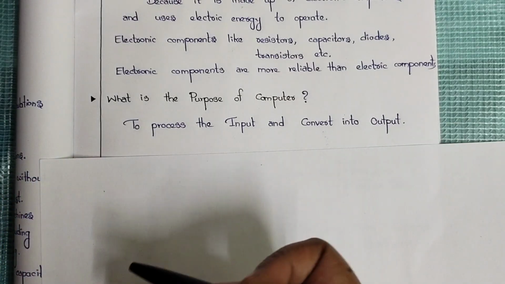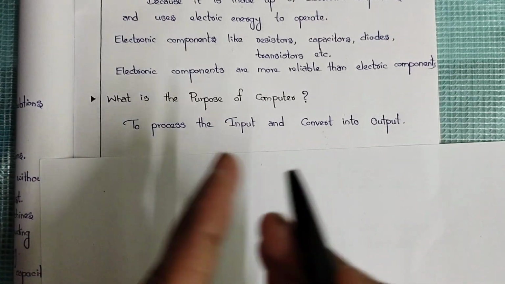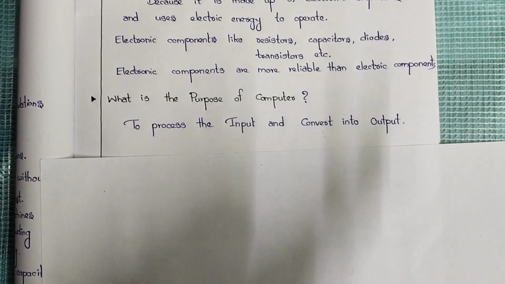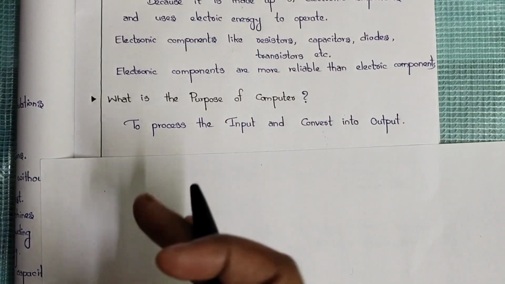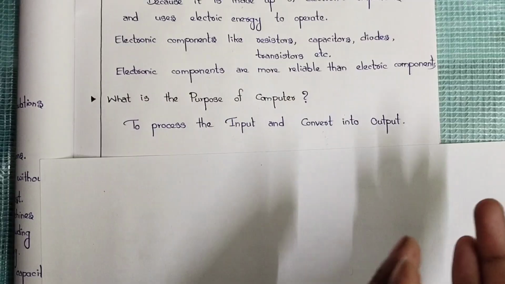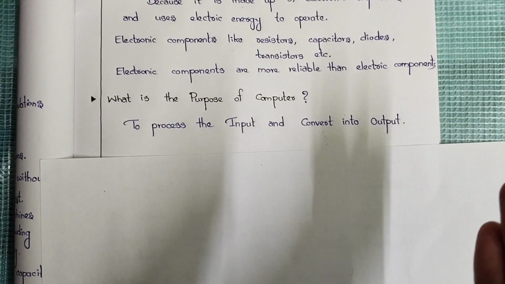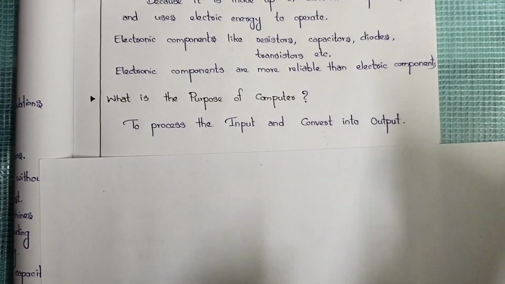What the computer does is it processes the data and produces the information. Information is different from data. Data is raw facts, whereas information is a processed form of the data.